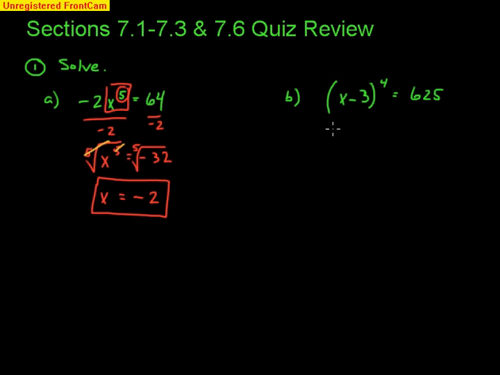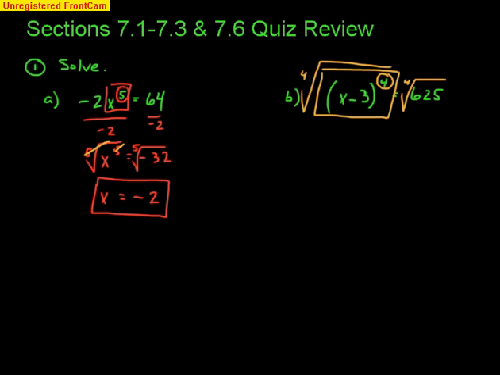Now, over here, here is a fourth power. This x minus 3 is being raised to the fourth power, so we need to get that by itself. Well, there's nothing else over here with it, so it already is. So what I'm going to do to get rid of that fourth power, I'm going to take the fourth root through this side, and I have to take the fourth root through that side.